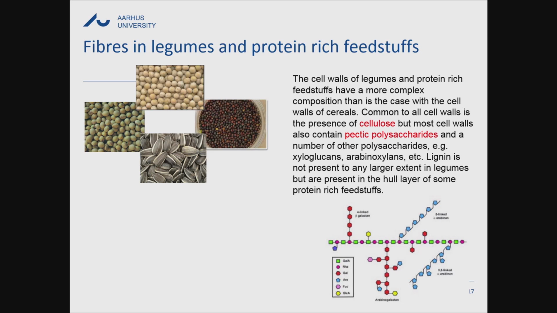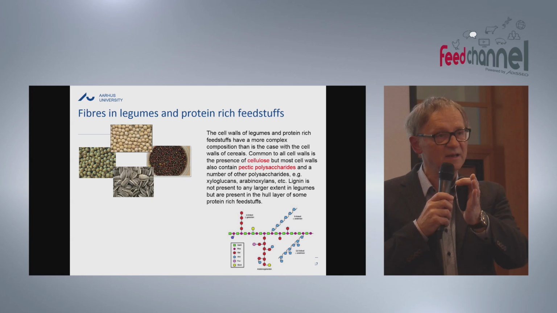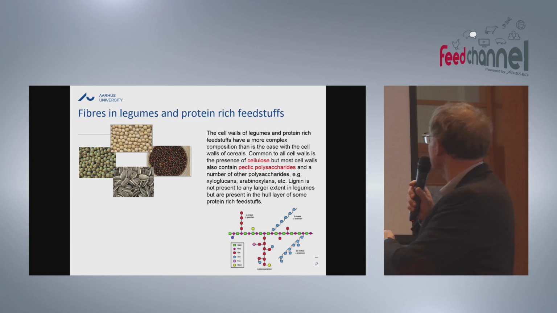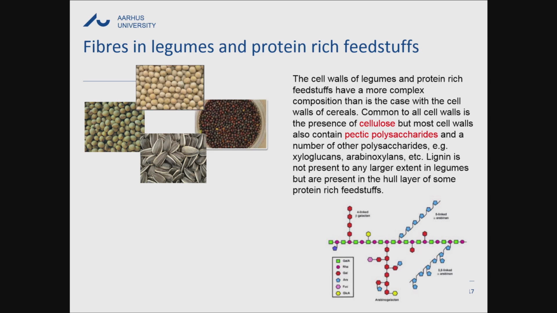But we have about the same relative distribution of polysaccharides in different tissues, meaning that the outer part of the grain is typically rich in cellulose and also rich in some acidic pectins. Whereas the cotyledon or the germ is somewhat differently composed.